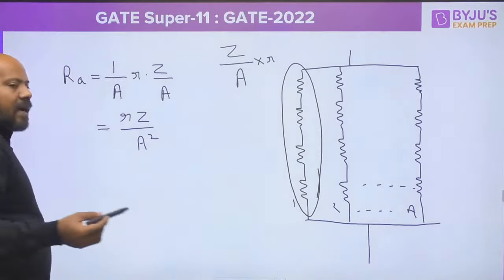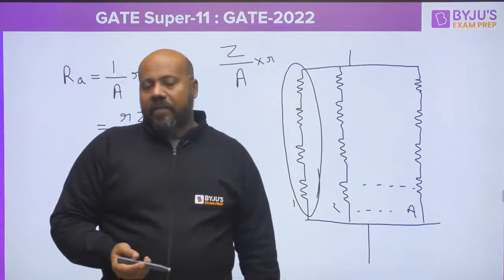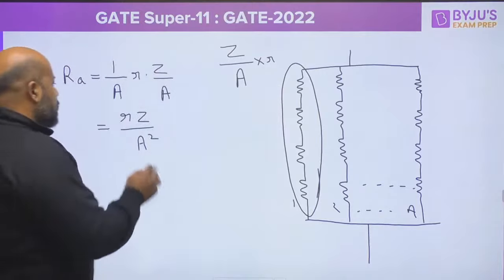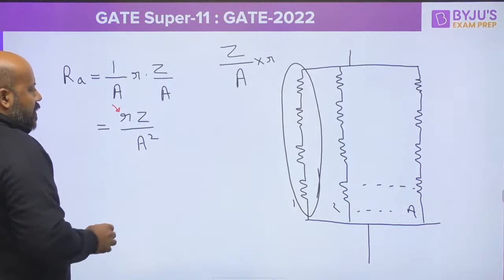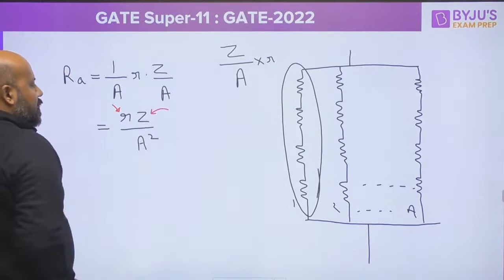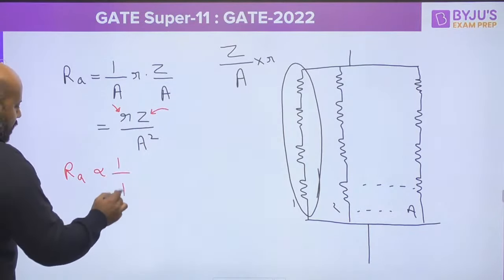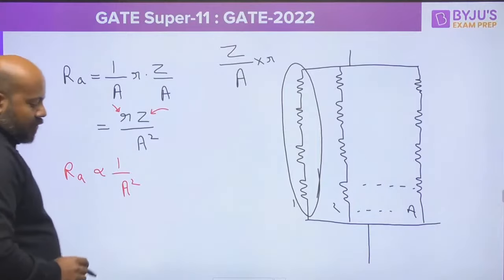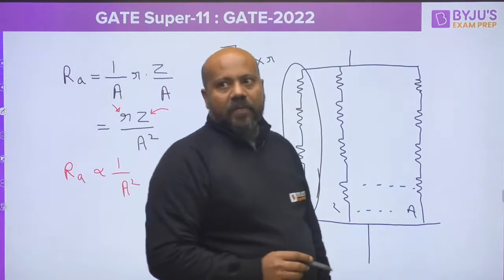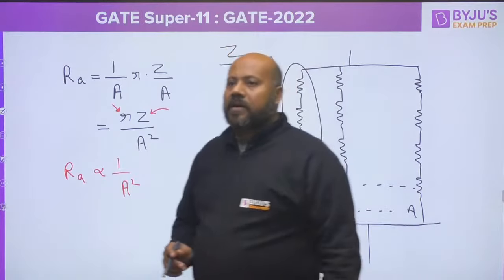Now whether it is a lap winding or a wave winding, it is not going to change the individual conductor resistance and the total number of conductors. So in general armature resistance is going to be inversely proportional to the square of the number of parallel paths. Yes, Swapan and Saurabh, you are right.